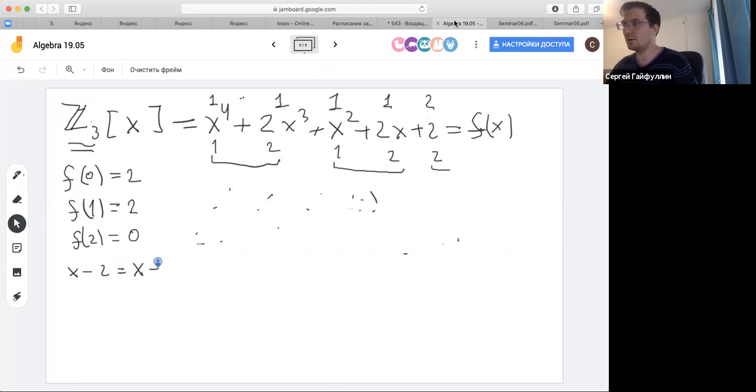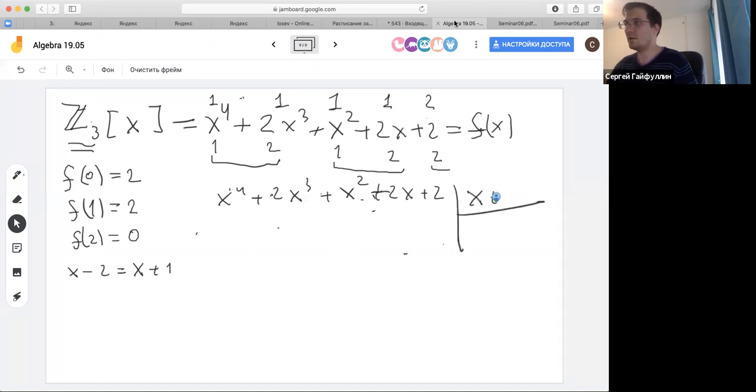So we divide x in the fourth plus 2x in the third plus x squared plus 2x plus 2 by x plus 1. Okay, x in the third minus x in the fourth plus x in the third. This is x in the third.